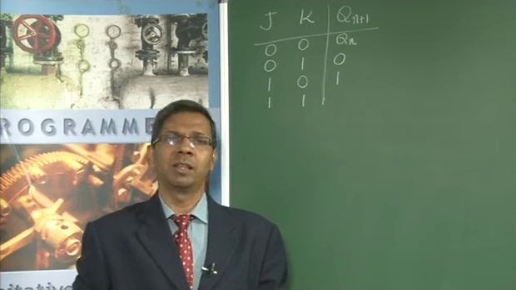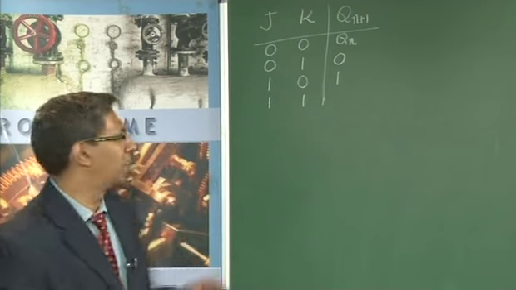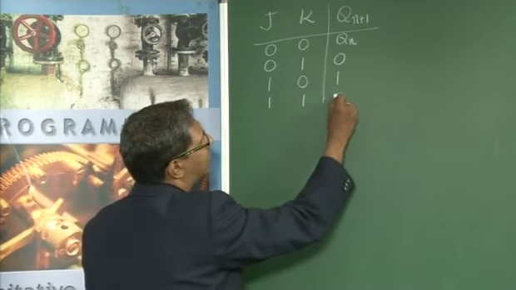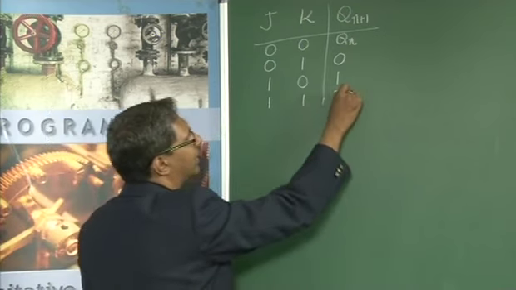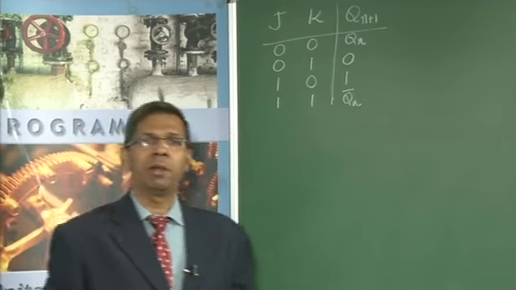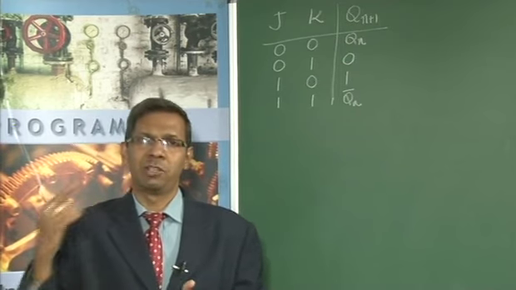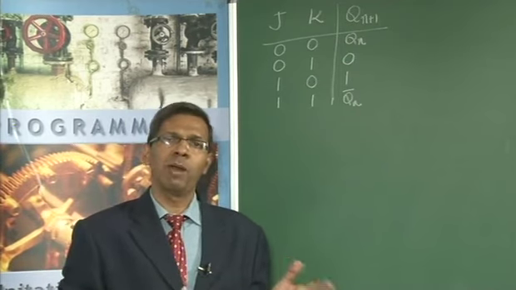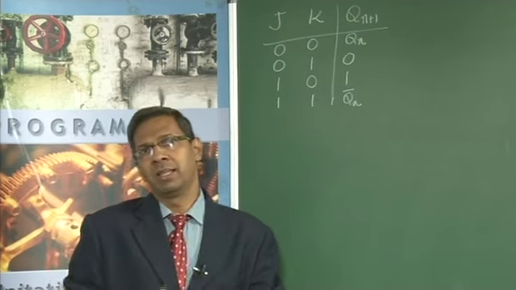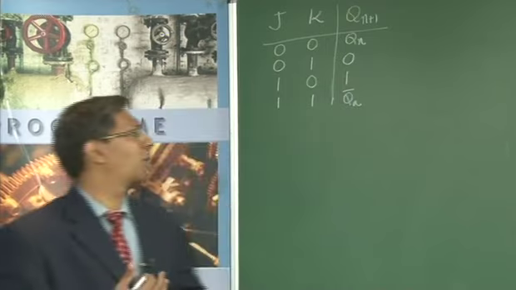Toggle mode means the new output is simply the complement of the previous output. If the previous output was Qn, then the new output is going to be Qn bar. For example, if the previous output was 0, the new output would be 0 bar, which is 1. If the previous output was 1, the new output is going to be 0. It's always a complement, or we are toggling its previous output.